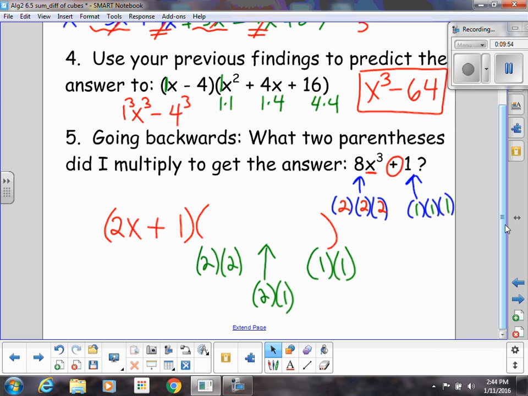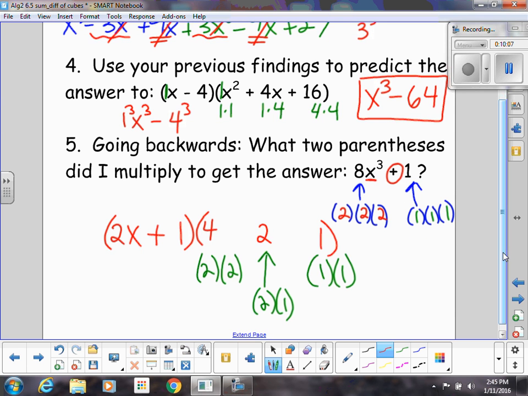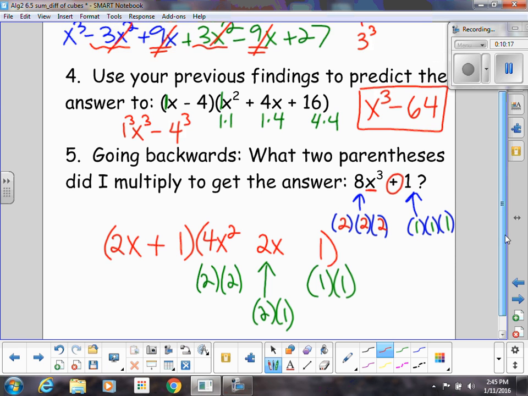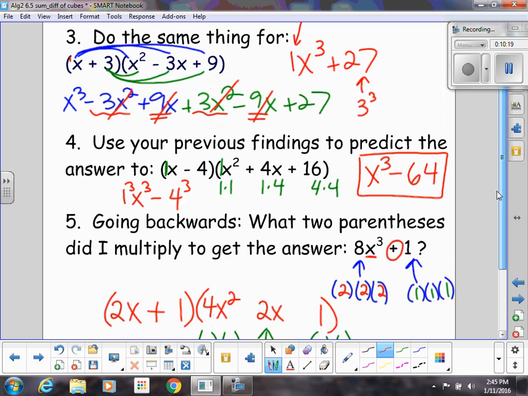So I would guess that this first one would be a 4, the middle number would be a 2, and the last number would be a 1. And then if I go back and look at the powers, the first one was always an x squared, so I'll put an x squared there. The middle one was always an x, and then the last number was always just a constant. Okay, and then sometimes they were a plus and sometimes they were minus.